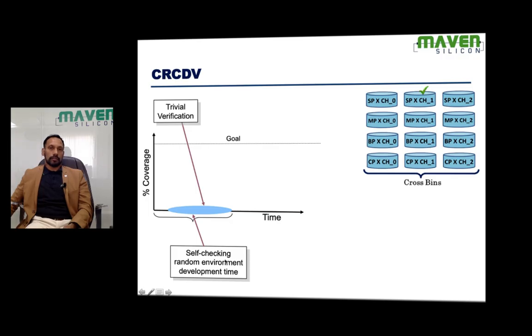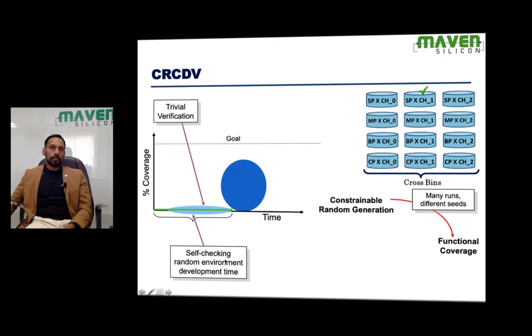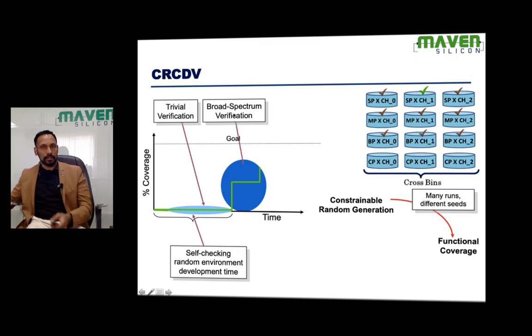All right. Once the test bench becomes stable, the focus will be more on generating random packets. Look at here. The next phase is called broad spectrum verification. What is broad spectrum verification?